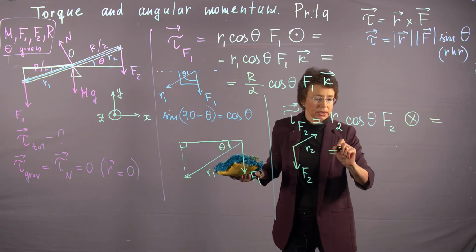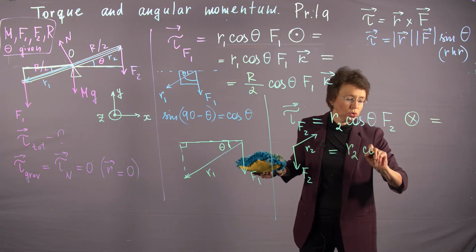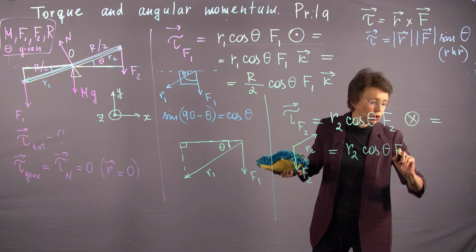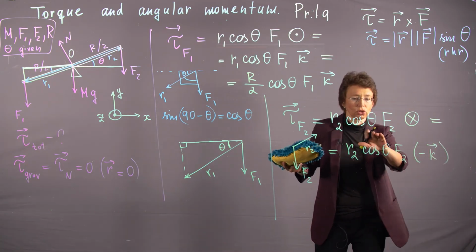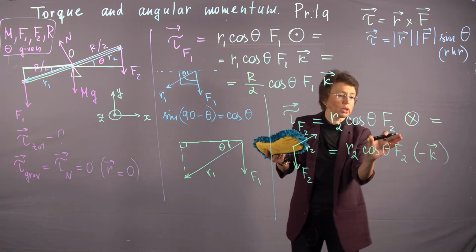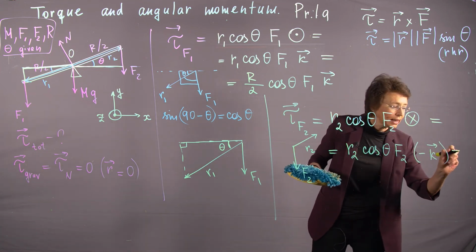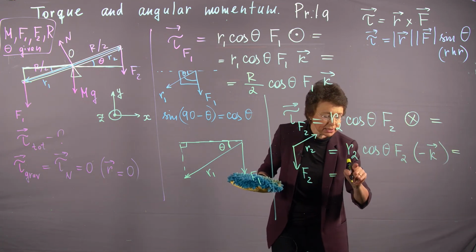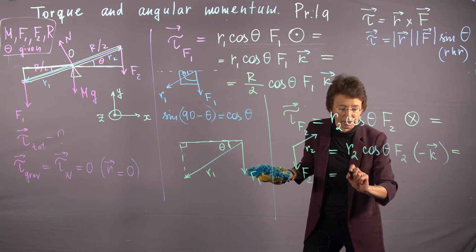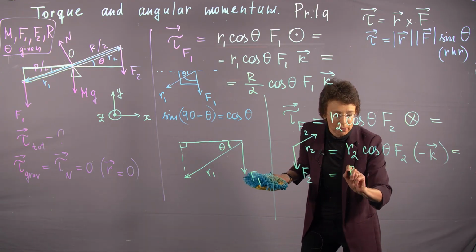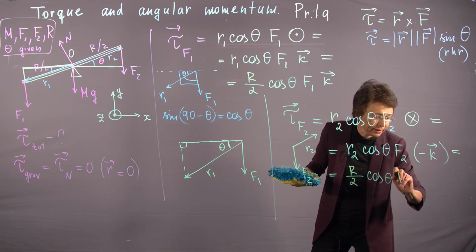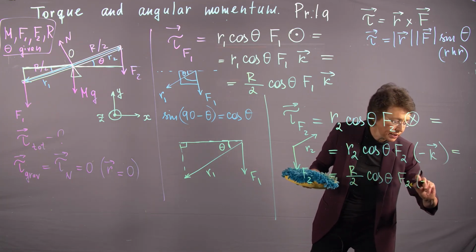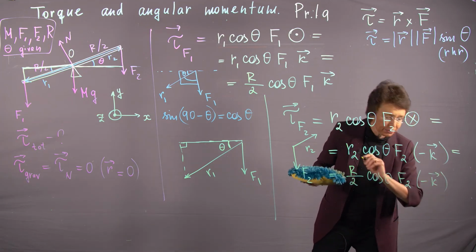And it is equal to R2 cosine theta F2, in the minus k direction. These two notations are identical, but I need to remember to express R2 in terms of what is given. So the magnitude is capital R over 2 cosine theta F2, and this is minus k.